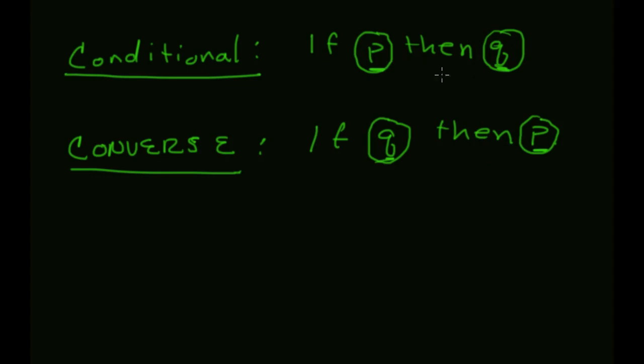Okay, so in that case, the conditional statement is true, the converse is also true, so that looks like that these both have to be true together. But the fact is that's not the case. Okay, so let's look at another example of a conditional statement where that doesn't quite work out.